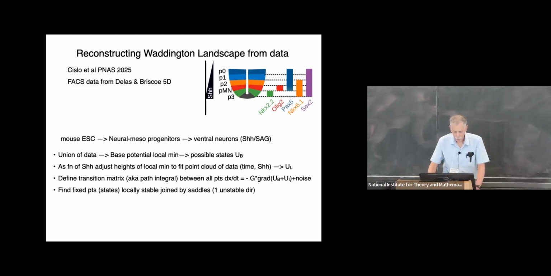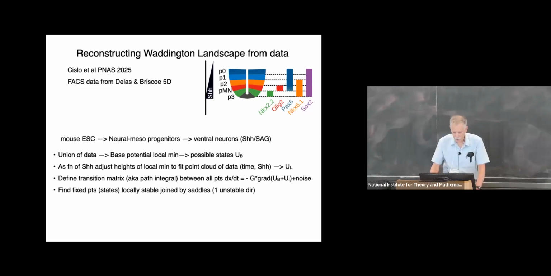So as a function of sonic hedgehog, time and level, we then define an interpolating potential. The fitting process is that we take the potential height at the various cell states, and we allow ourselves to move those up and down in energy, and we then drape a smooth potential across those points.